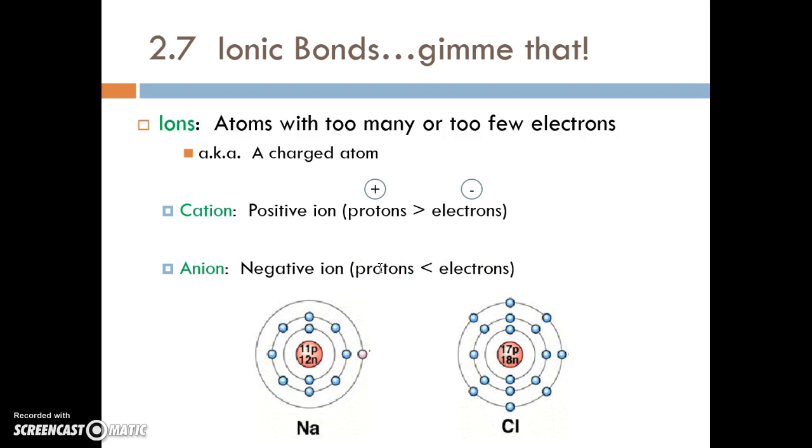So this guy has become slightly positive, so he's a cation. This guy is an anion, negatively charged. How I remember these two terms is that a cation, somebody with a cat, is positive. Somebody that ate a whole bunch of onions, because it sounds like anion, is negative because it's going to repel people. So if that helps you, great.